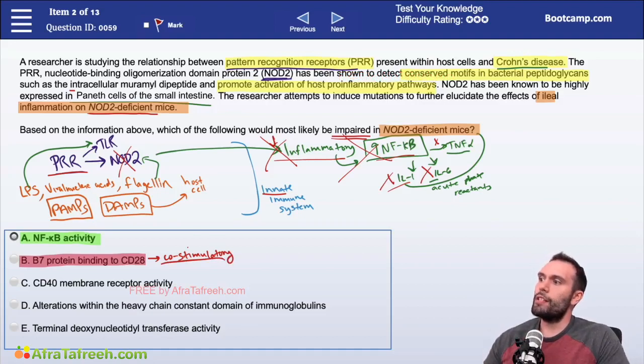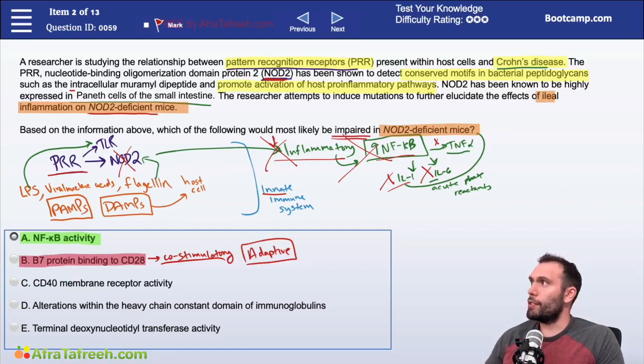And this is done in situations where you have a specific antigen, right? And you might be creating a memory response, for example. In these situations, though, this is going to be more adaptive immune system, not really directly related to the NOD2 receptor or this innate immune pathway that we're talking about. So not directly related to this and would be unlikely to be directly affected. Certainly not the best choice here.